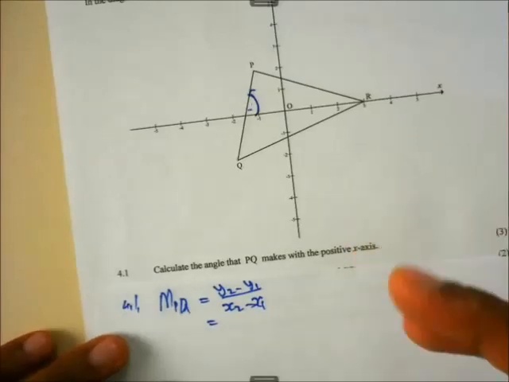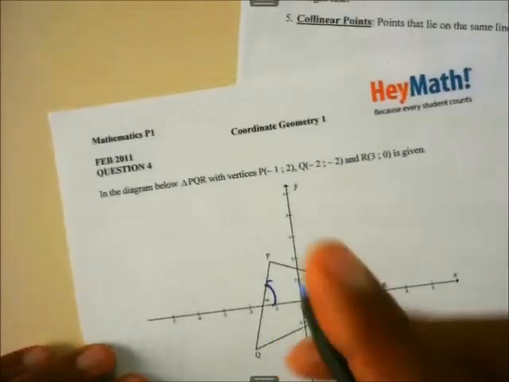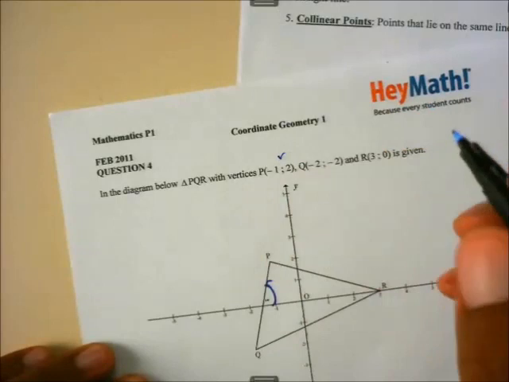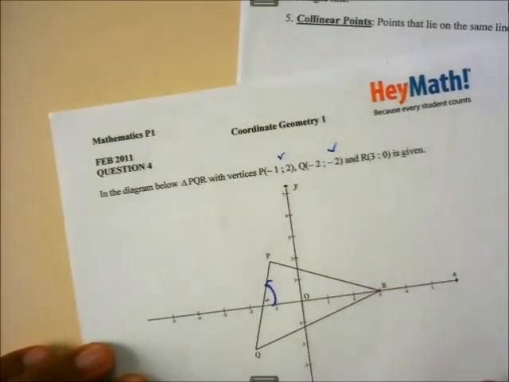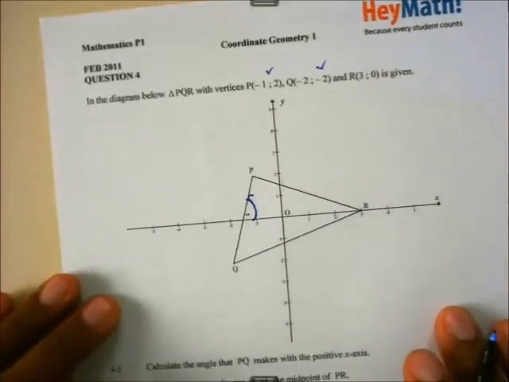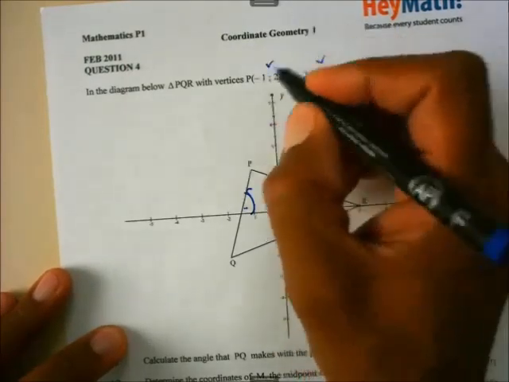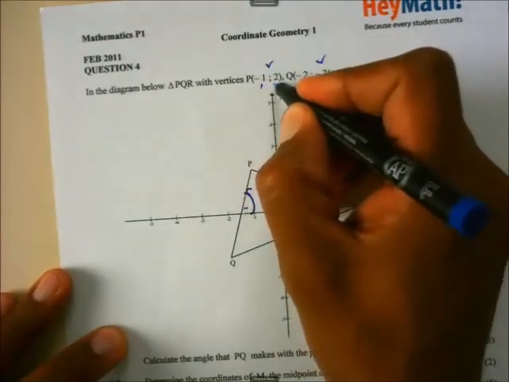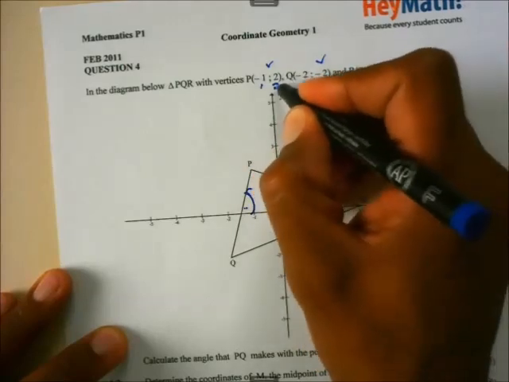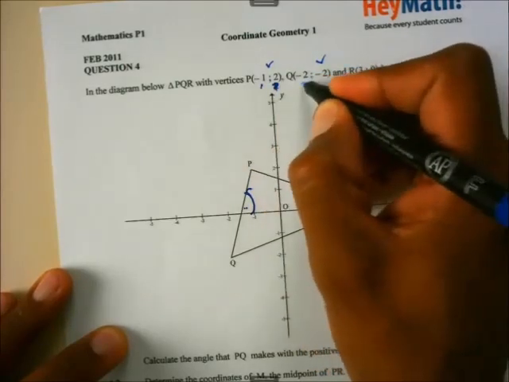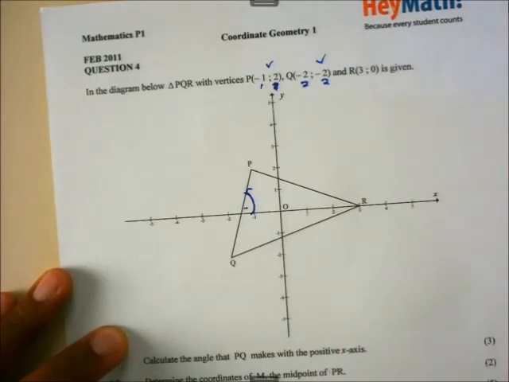Good. Now we need to check. It means we are going to use P as well as Q. Right, from this one, I can say this is x1, y1, and then x2, y2.